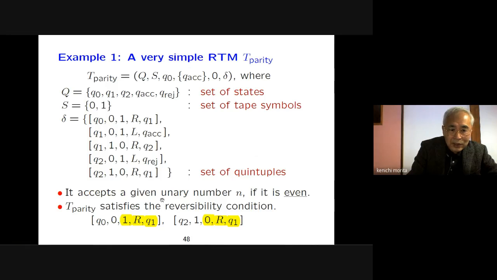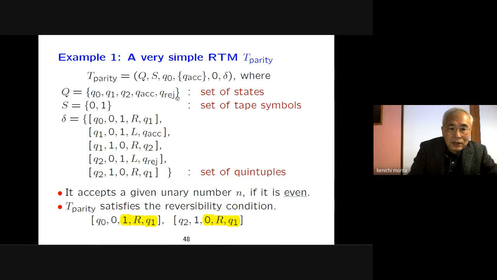It accepts a given unary number n if n is even. It is a little bit confusing. But anyway, parity is checked.